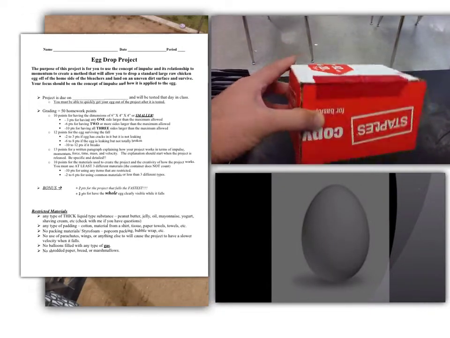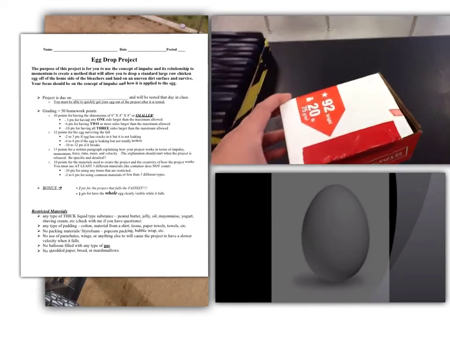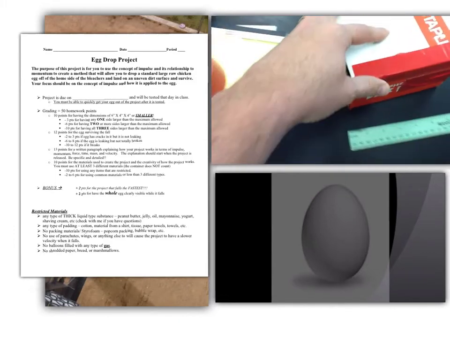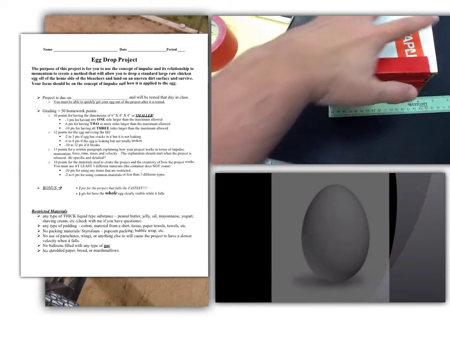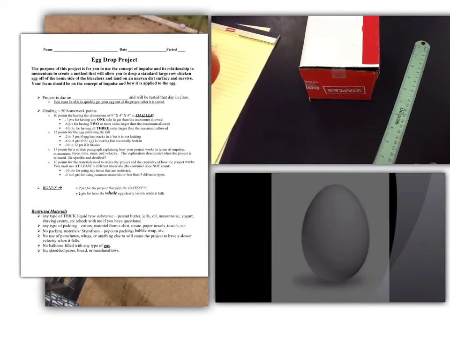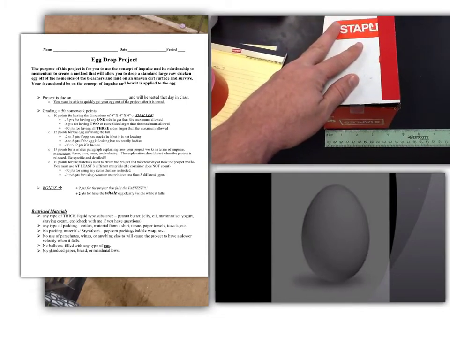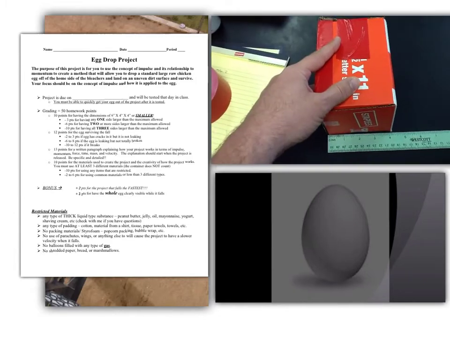So if we look over here, this is just some box I taped together, but you can see that it doesn't have to be a square or some sort of cube. It can be different sizes, but it looks like I have one dimension that's 6 inches. I'm just going to stick a ruler next to it and measure it up. We can see that another side is 4 inches and another side is 4 inches.